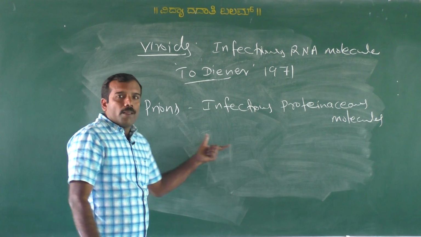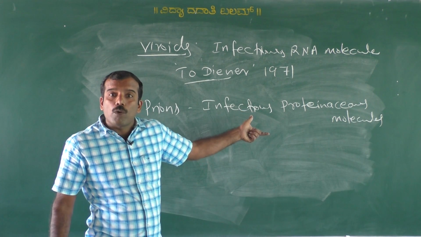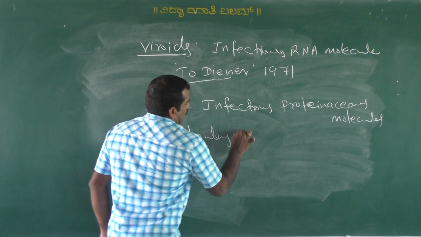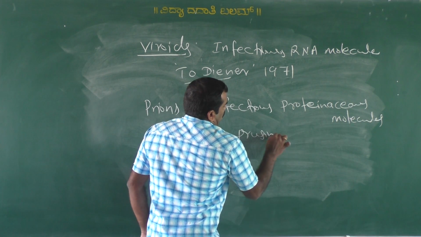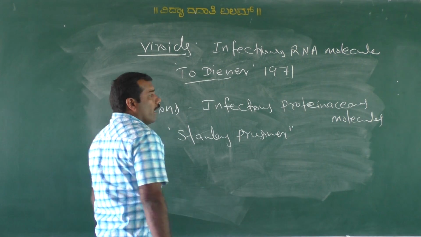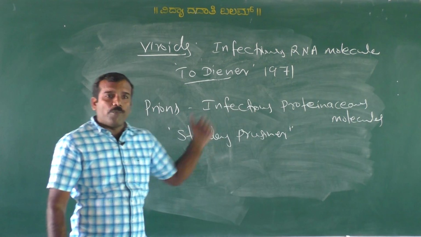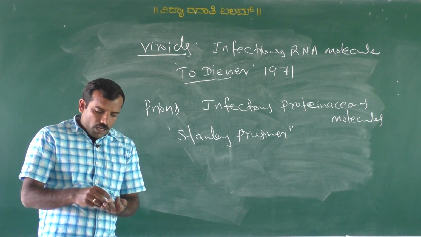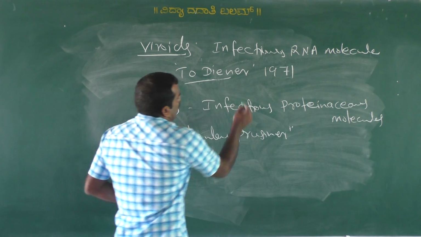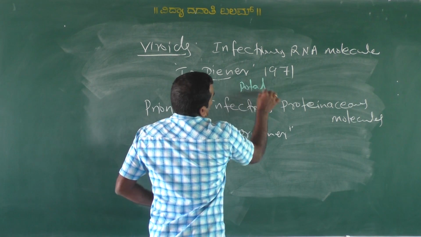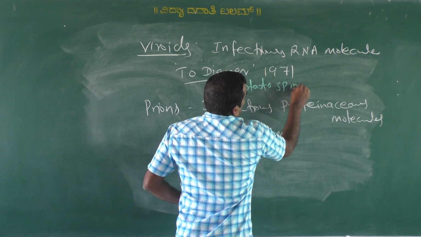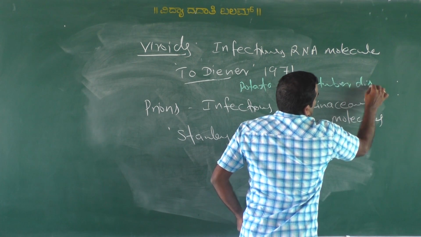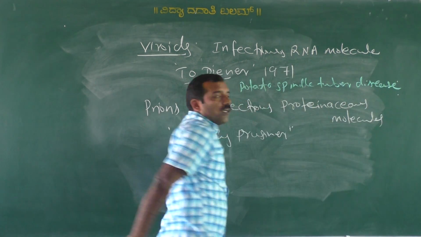Here only protein, but they lack nucleic acid. Discovered by Stanley Prusiner. Both are infectious. Viroids are infectious RNA molecules. They cause a disease, that is potato spindle tuber disease.